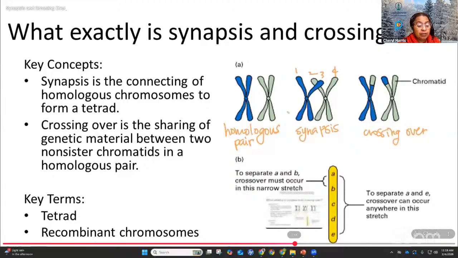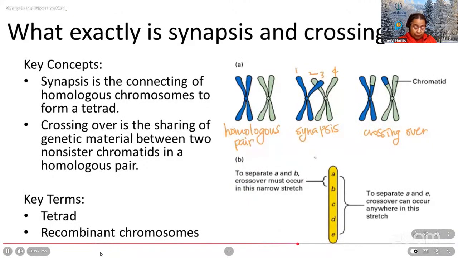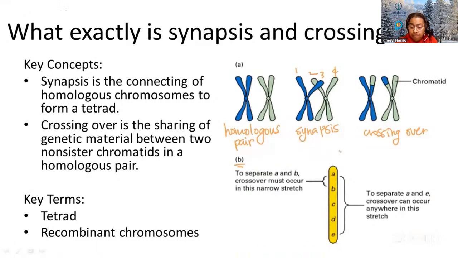See, that thing is in the simple diagram like this one. And so if you see, crossing over between A and B is less likely to occur than crossing over between A and E, because there's only this small amount of space to cross over between A and B, whereas there's this much space to cross over between A and E. So a crossing over between A and E could happen anywhere between all this space.